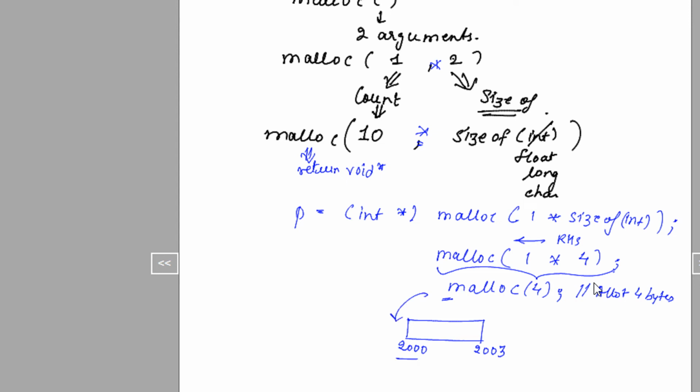But now malloc does not know whether this will hold an integer or float or something else. So you remember when we did pointers, we actually need to specify what is the type of pointer. If we make an integer pointer and then point to float, it will return a garbage value. So for that particular thing, since it is returning a void because it does not know what it is, we typecast here.